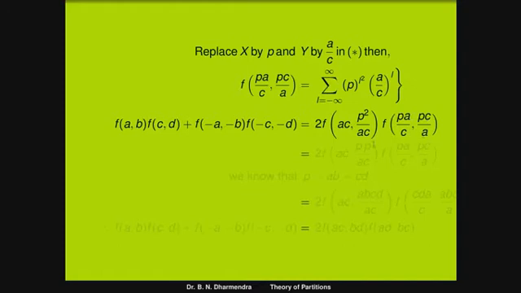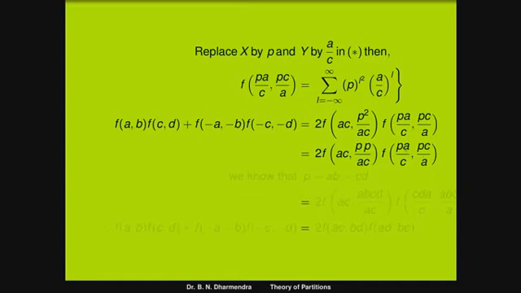Now p square can be split into two parts, that is pp. That is equal to 2 times f of ac comma p into p divided by ac, because one p I replace with ab and the other p is replaced by cd, and into f of p into a by c comma p into c by a.